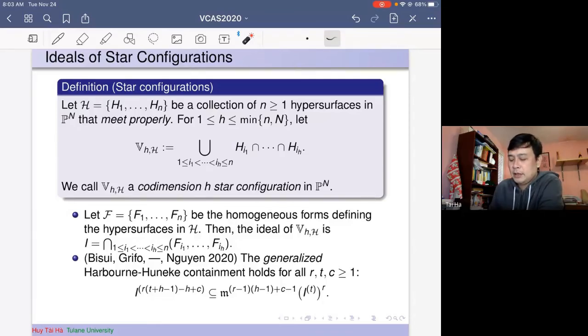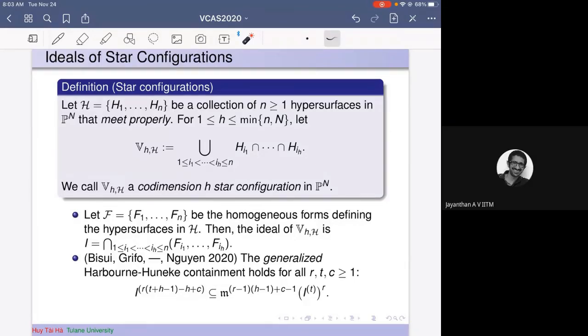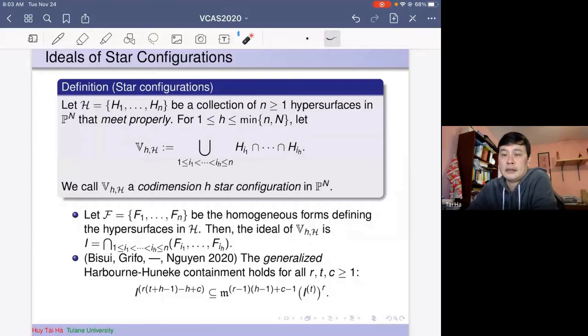Actually, they failed to realize that this result follows from this containment. The containment we already proved. We mentioned it in our paper, but we didn't state it as a result, so they didn't realize that. So this bound is pretty sharp. Yes.